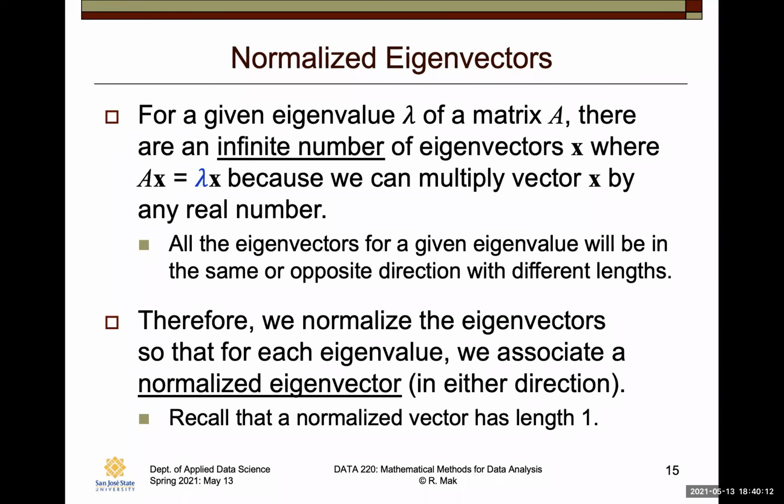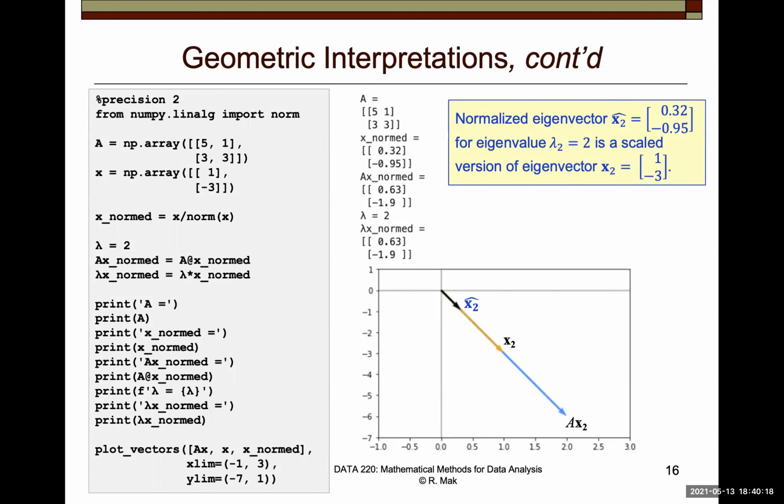And remember, a normalized vector has length 1. Here's a normalized eigenvector, and I put a little hat above it to indicate that it's normalized. The length of this thing should be 1.